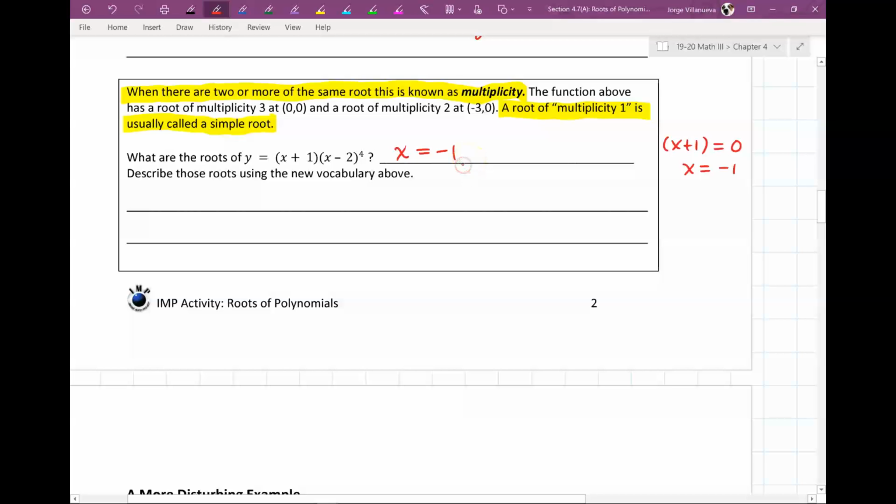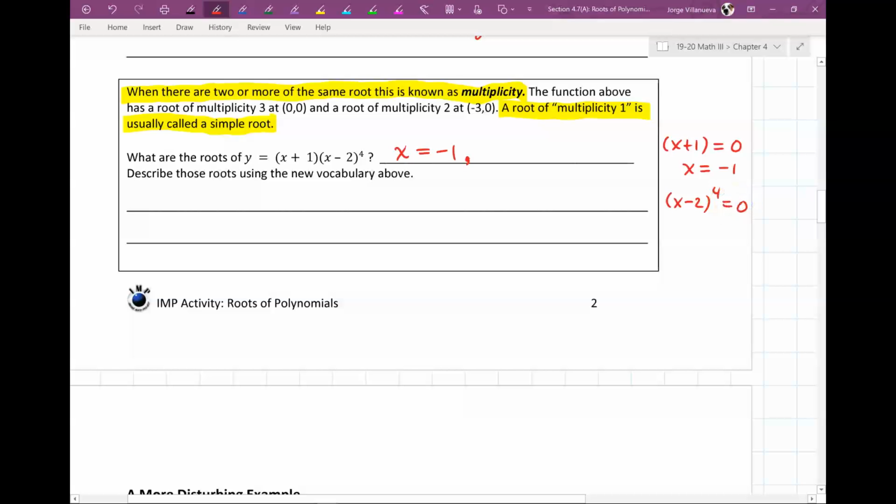What is the multiplicity on that one? Notice I just solved it right here. What's the power on that parenthesis? A 1. So we call it a simple root, which means it has no multiplicity. Now we're going to solve (x minus 2) to the 4th equals 0.